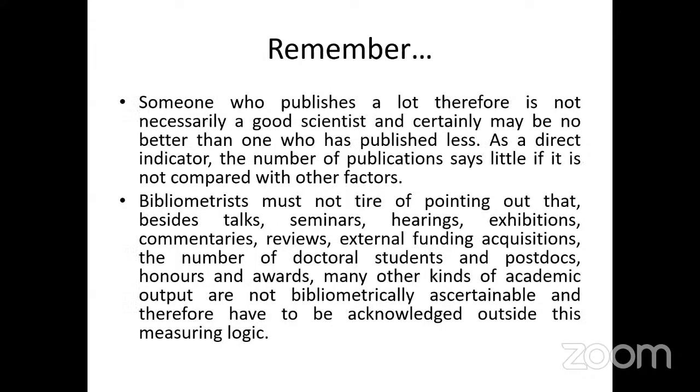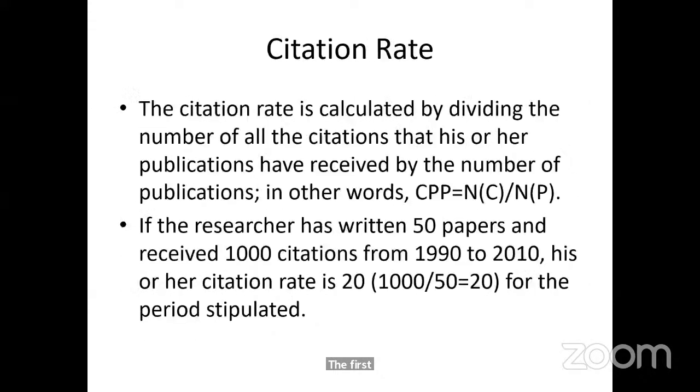The first statistic which is generated is the citation rate. If the researcher has written 50 papers and received 1,000 citations from 1990 to 2010, his or her citation rate is 20. So 1,000 citations and 50 papers, right? So this is a citation rate.